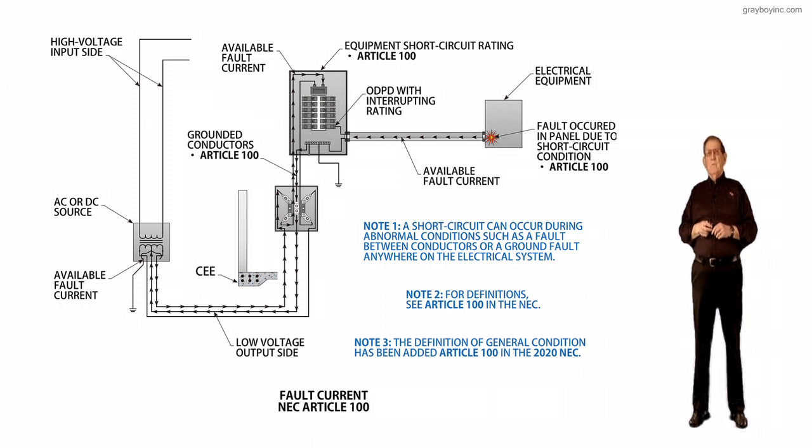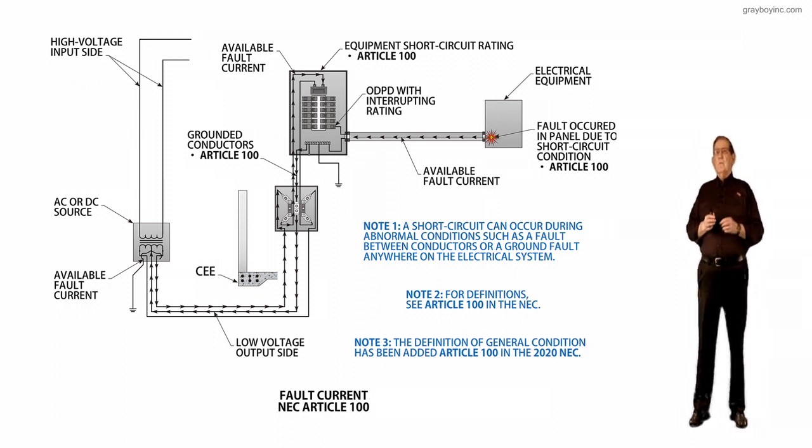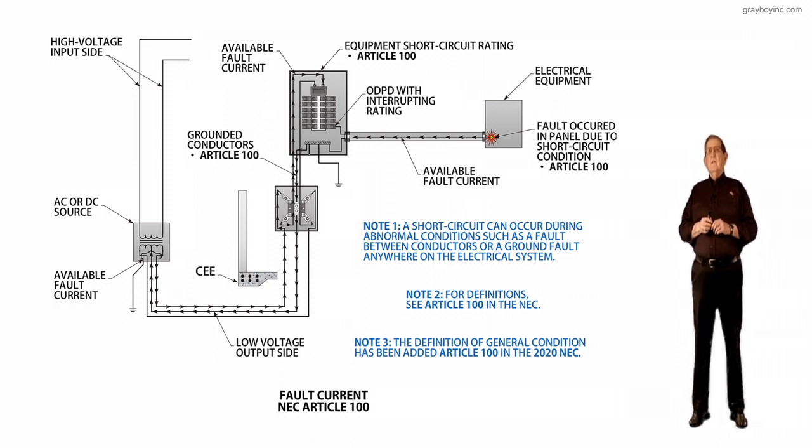That'd be your available short circuit current. The only thing really that would lower that would be the size of the conductors routed from the transformer to the circuit breaker that's in the panel board. And notice that would have an available short circuit current there that would be less than what would be at the transformer based upon the impedance of the conductors.